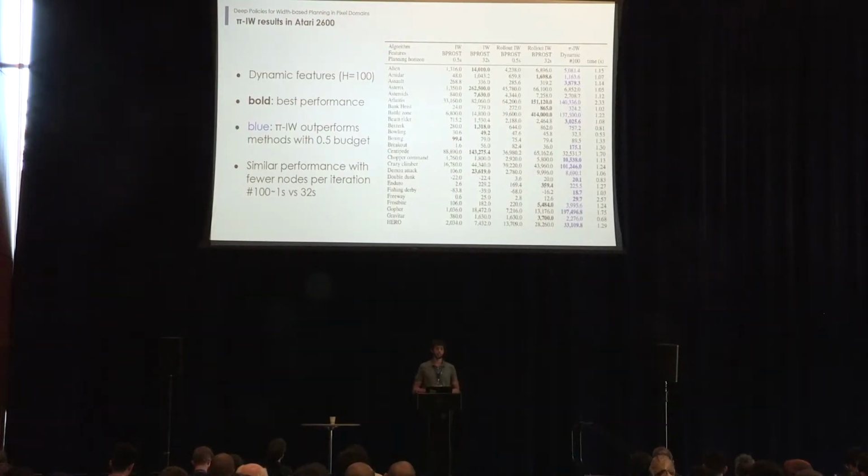In bold, we see the one with the best performance, and in blue, our method outperforming the one with half a second. We observe similar performance with the versions of iterated width with 32 seconds of budget, that is 30 times more budget than in our method, and also with predefined features. We observe similar performance with PyIW.